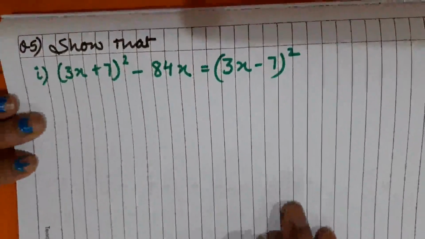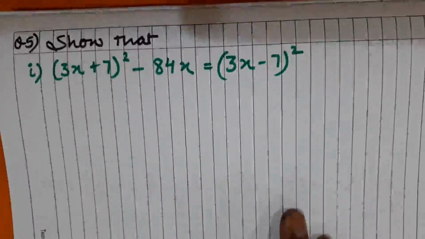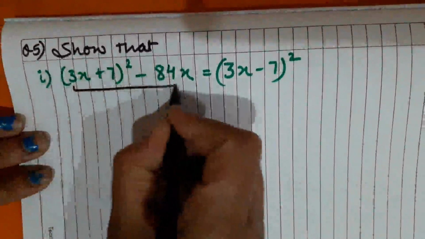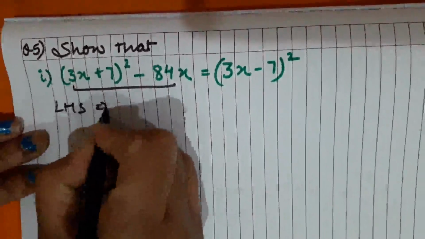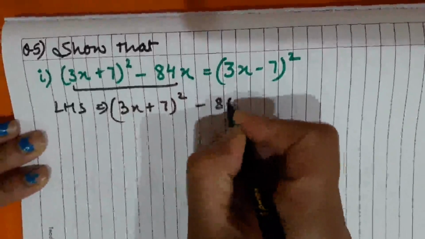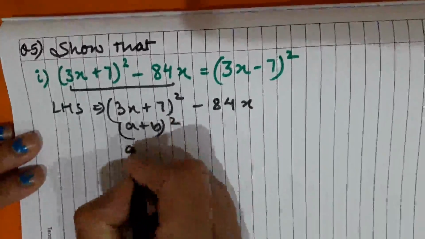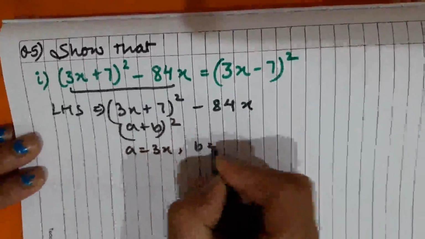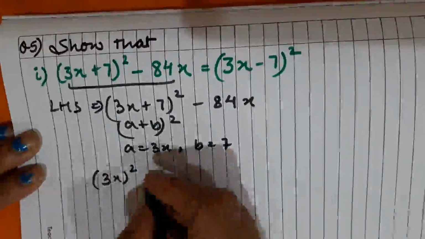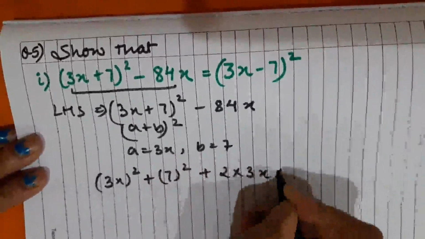Show that. So in show that, this will be your leftmost side and this is your rightmost side. You have to prove left hand side equal to rightmost side. So let's solve the left hand side. I am writing the leftmost side separately, 84x. Now this is a plus b whole square. So a is 3x here and b is 7. Put this formula: 3x whole square plus 7 whole square plus 2 into 3x into 7.